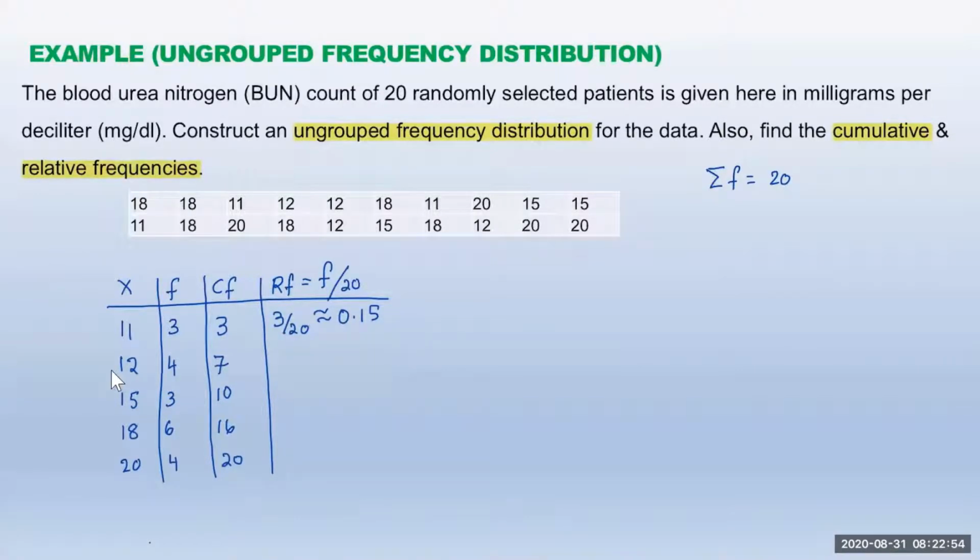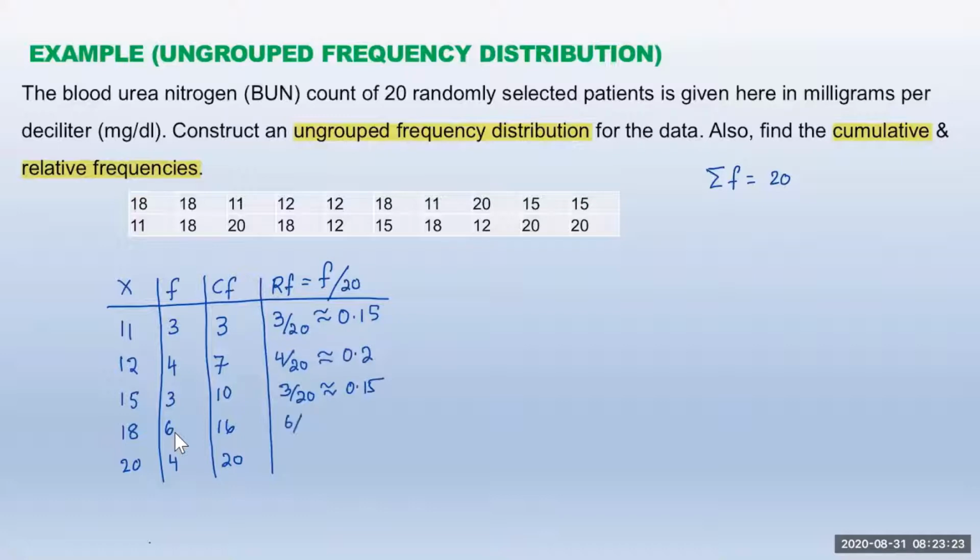Relative frequency for 12, frequency is 4, so it will be 4 divided by 20. If you change this to decimal, it should be 0.2. Next, we have 3, so it will be 3 divided by 20, frequency divided by the total, 0.15. The next we have 6, 6 divided by 20.